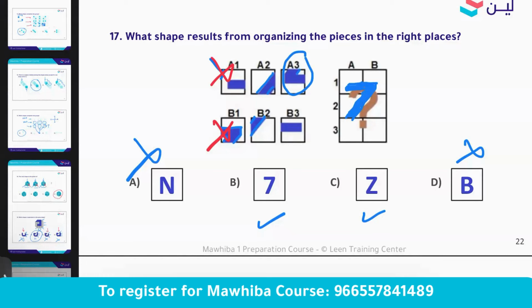I'm gonna move down a little bit, then move to the right. Uh-oh, definitely this is not 7, because I'm moving a little bit to the right. This is definitely C, which is Z.